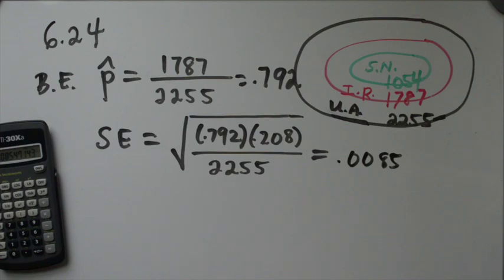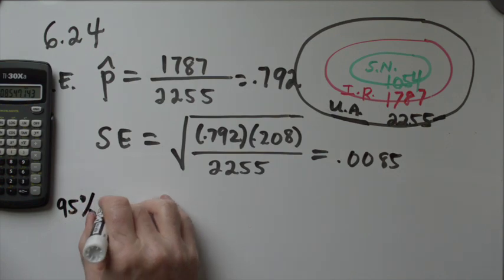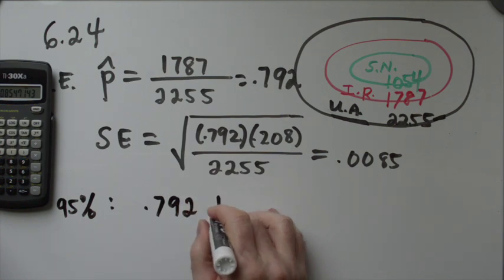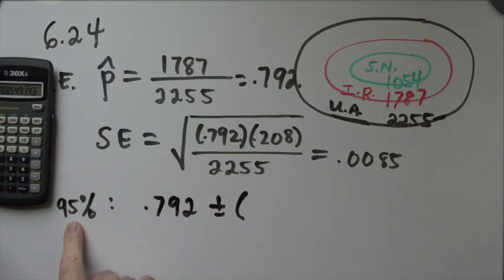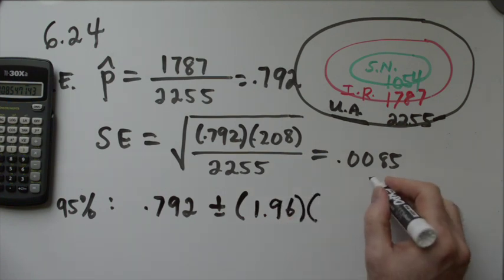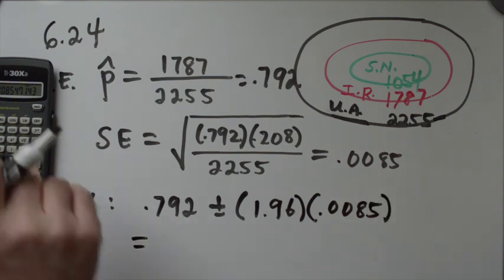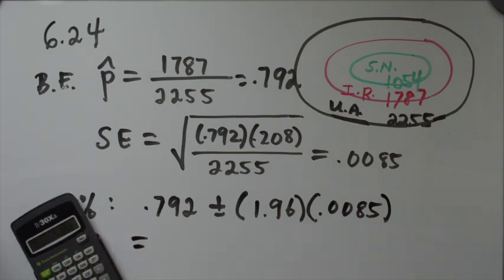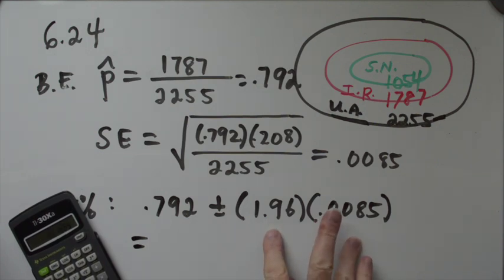Now the rest of this goes down pretty easy. At the 95% level, our confidence interval is our best estimate plus or minus what we get by using our z cutoff. Working at the 95% level, we use a z of 0.025, the familiar 1.96, and then bring our SE into the problem. The margin of error is 0.0085 times 1.96, on the order of 0.0166.